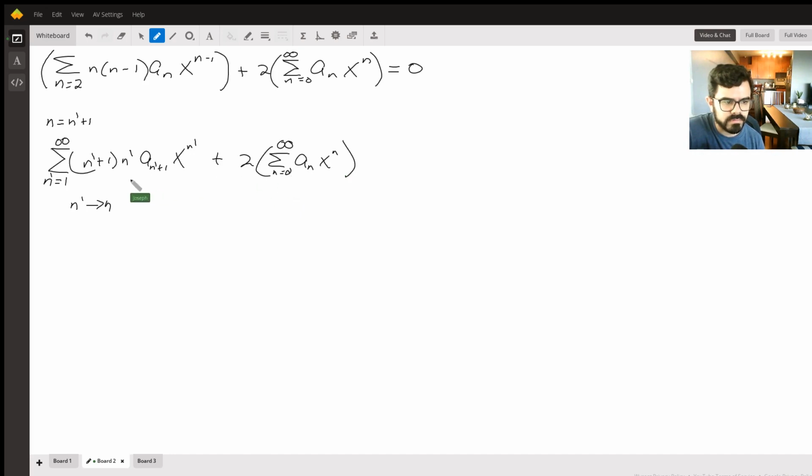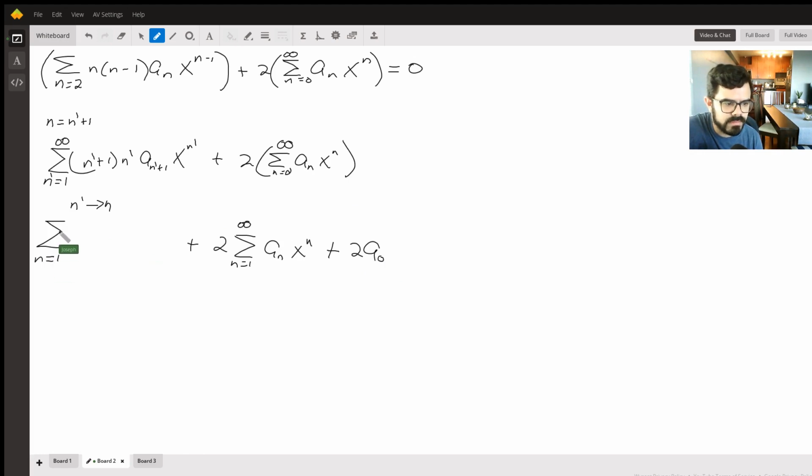But if you notice, the initial index is still not matching. So we need to take the first term out of this one, which would be n equals 1, a_n x^n. So the form doesn't change. I just took the first term out so that we could start now from 1, and this is the first term of this.